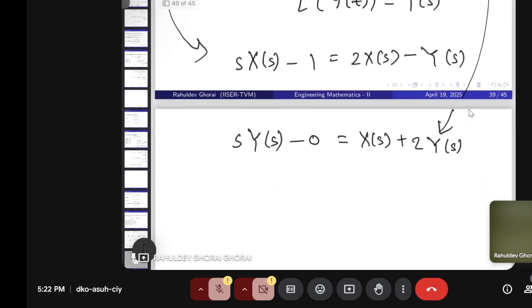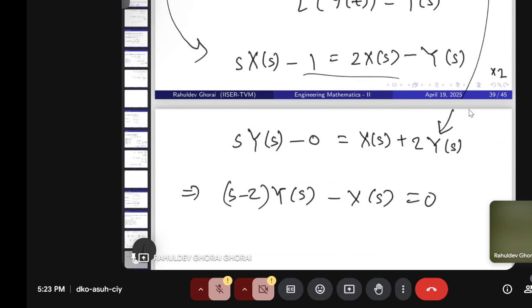So if you solve it for X and Y, from here you will get (s minus 2) Y(s) minus X(s) is equal to 0.